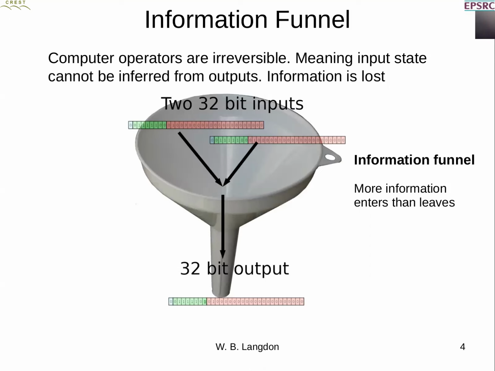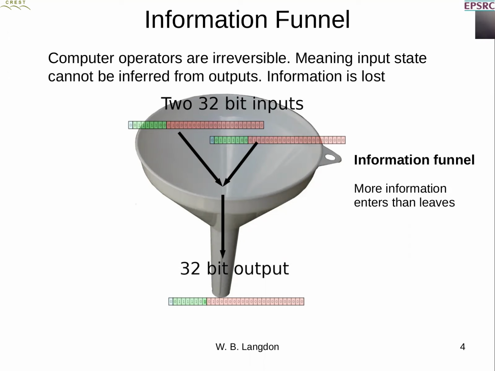We can think of information in terms of information funnels. So here we have an example where we're taking two 32-bit operations, such as adding them together, and we generate a 32-bit output. So our two floating point numbers each can contain no more than 32 bits of information.